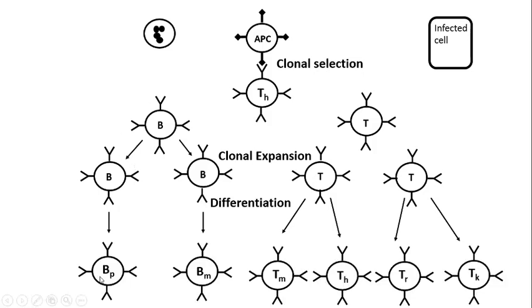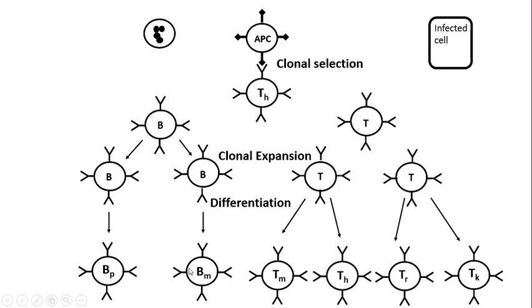So the B cells could become B plasma cells that produce antibodies, or B memory cells that will act as immunological memory. The T cells could become T memory cells that act as immunological memory, or T helper cells, or T regulatory cells, or T killer cells. So those are the types of cells that the T cells could become.